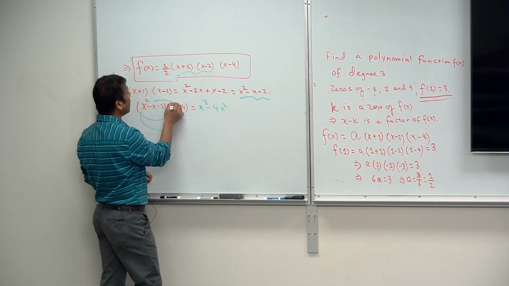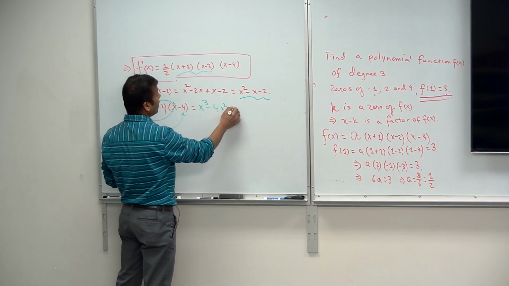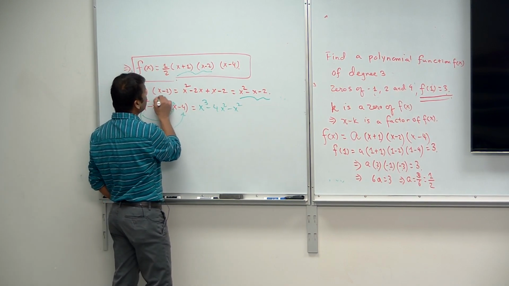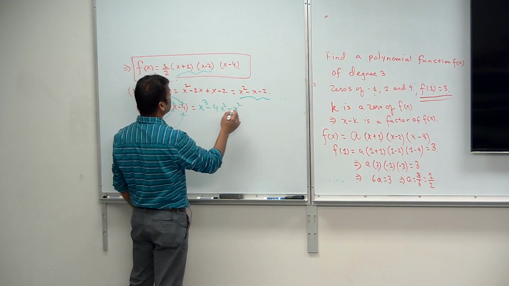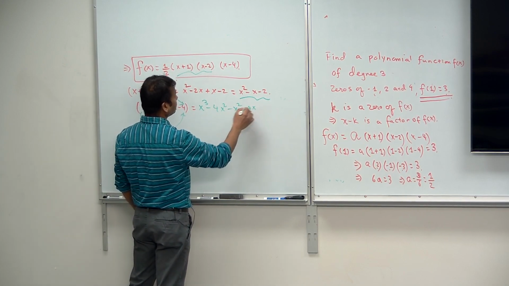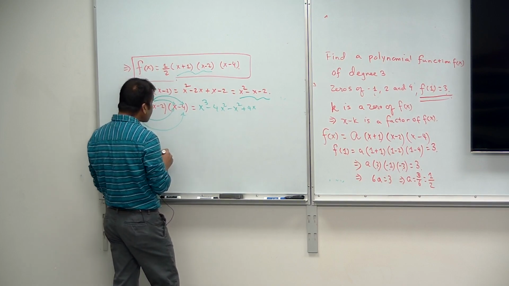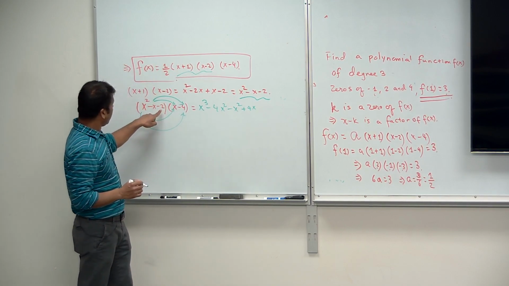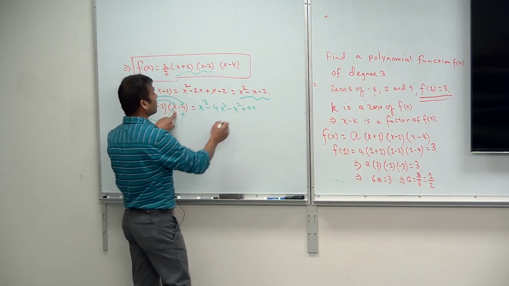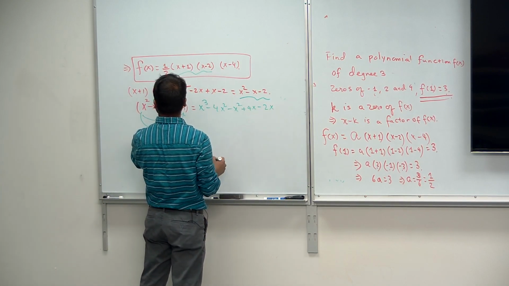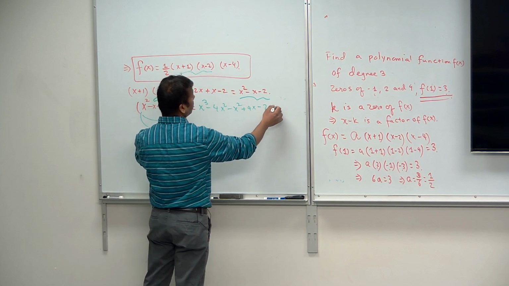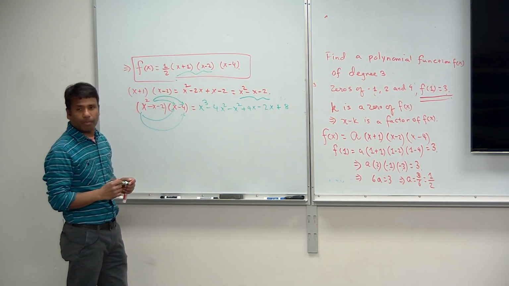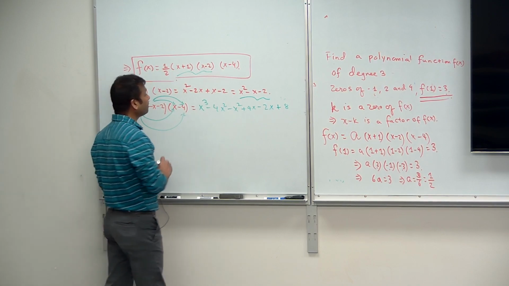Negative x times x, negative x squared, right? Negative x times negative 4, positive 4x, right? And then negative 2 times x, negative 2x. Negative 2 times negative 4 is positive 8. Good?